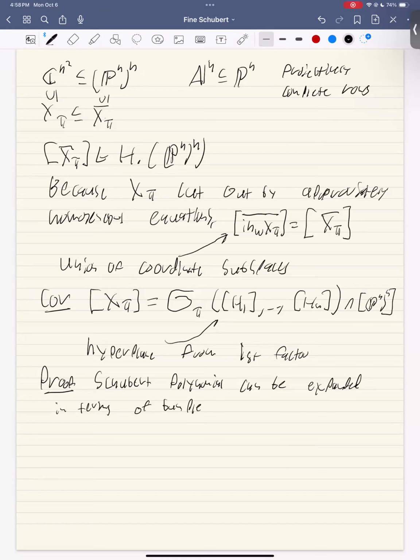As far as I know, this fact was maybe first proved in Knutson and Miller using this Groebner degeneration argument.